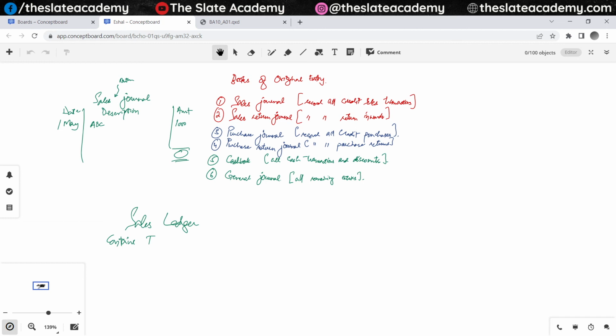Contains T accounts of all the debtors. Then we have purchase ledger. In purchase ledger, we'll have T accounts of all creditors.